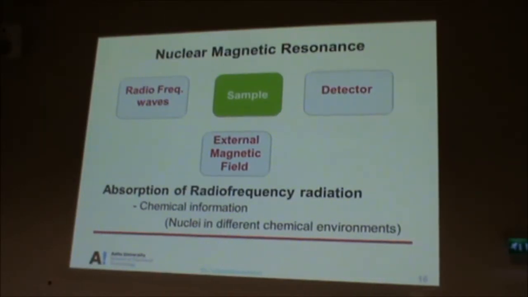Then you excite the sample with radio frequency waves so that the spin becomes opposite to the magnetic field, and you detect how much radio frequency has been absorbed in exciting the nuclei. The chemical information is the exact frequency of the radio frequency wave that is being absorbed, which tells you which nuclei are present.